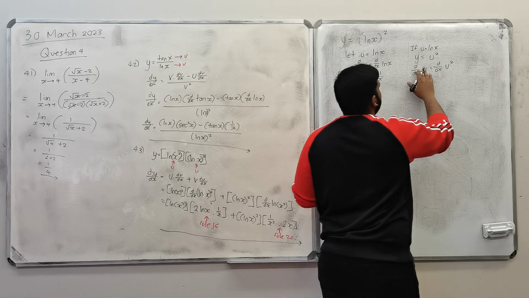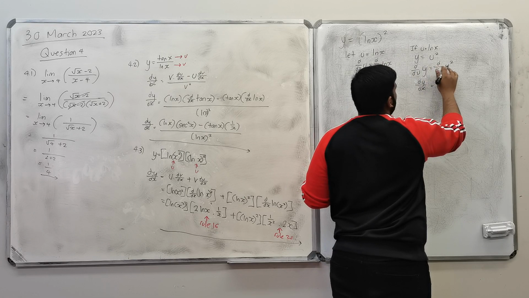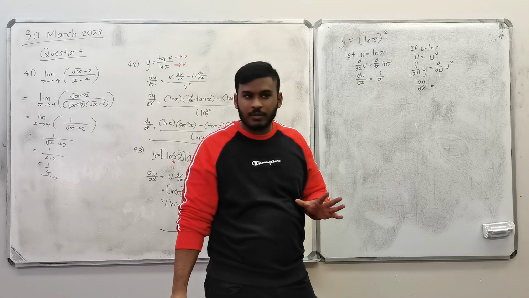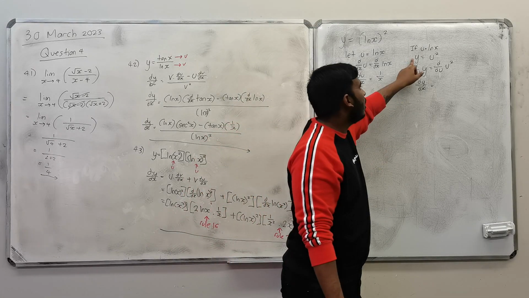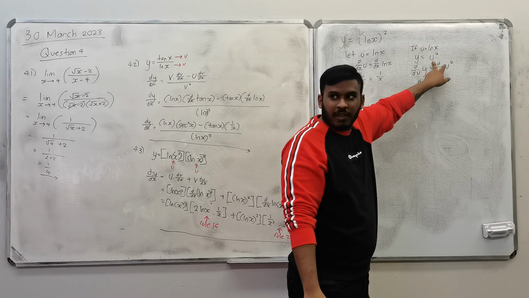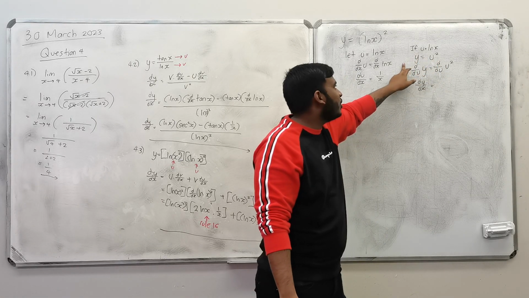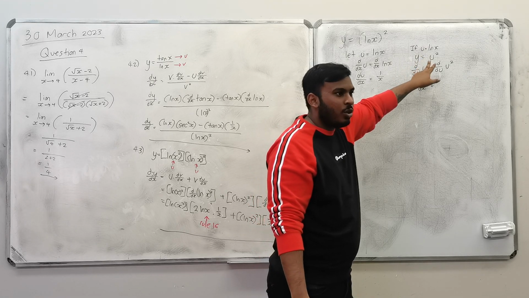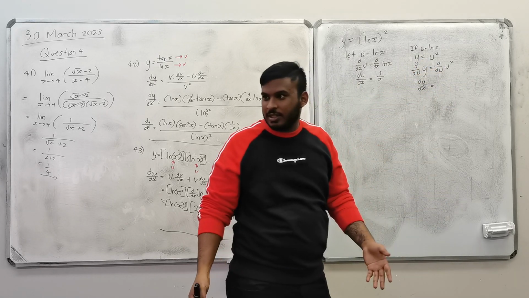No, sorry, I lied. This is differentiating with respect to u. Right? Do you remember? Because I told you, you differentiate with respect to the independent variable. So I'm differentiating equation y with respect to u. Are you remembering this? Yes.